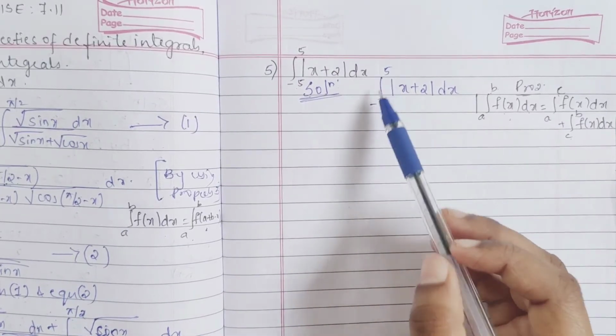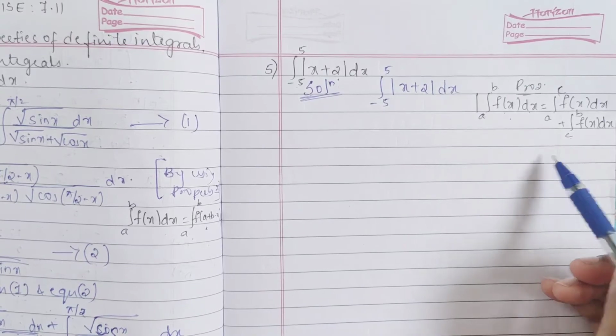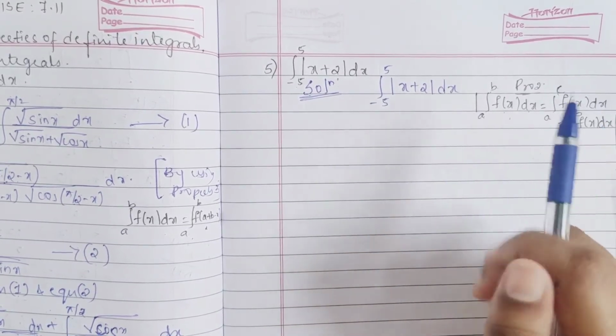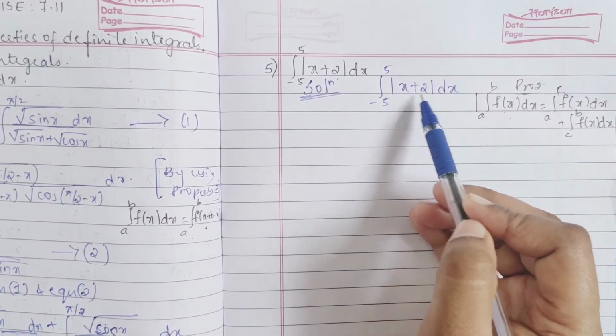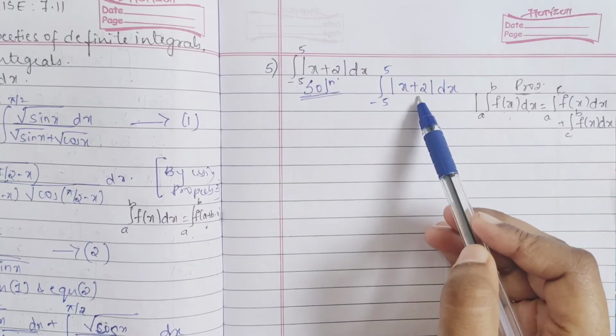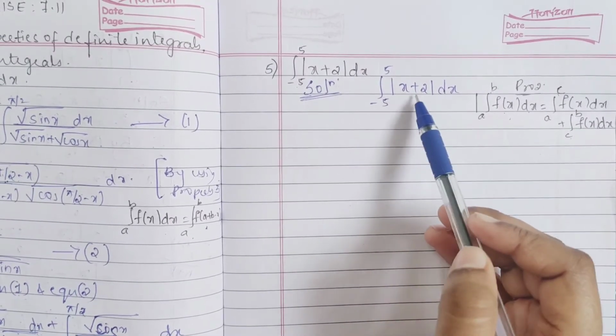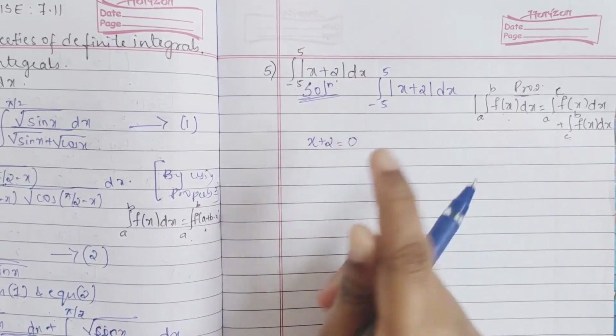Now in this minus 5 to 5 you have to break it. From minus 5 to 5 so many numbers are there, so in which interval will you break? For that you have to take help of the modulus in the function f of x that they have given. We will make it free from modulus, so take x plus 2 and equate it to 0.